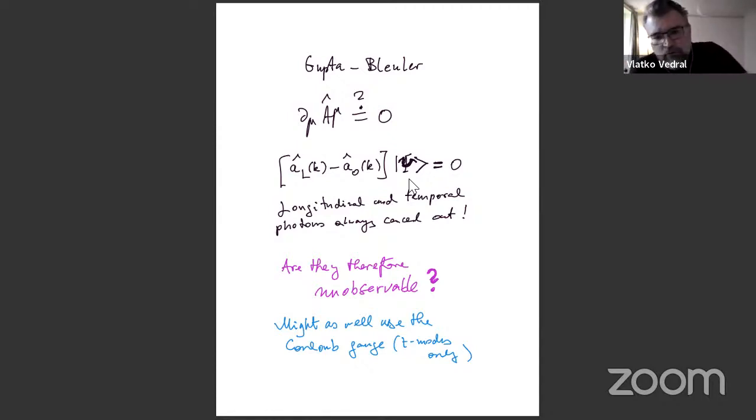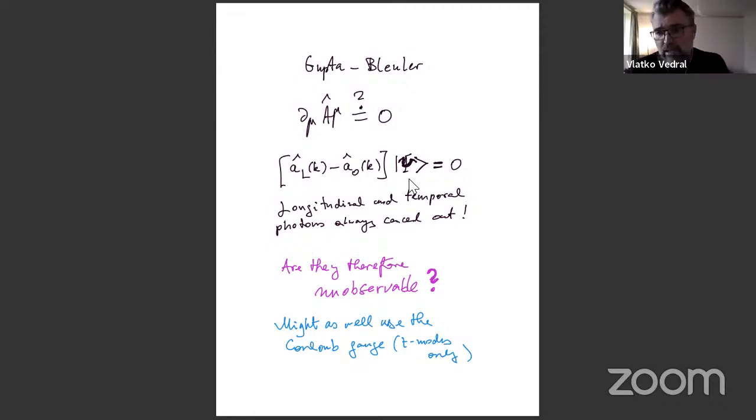That's kind of what's done. And then, of course, I'm raising this question: if really the two modes cancel out, in a sense, they have an equal but opposite effect in whatever we do, then are they observable? Maybe we really don't need to go through all of this trouble.